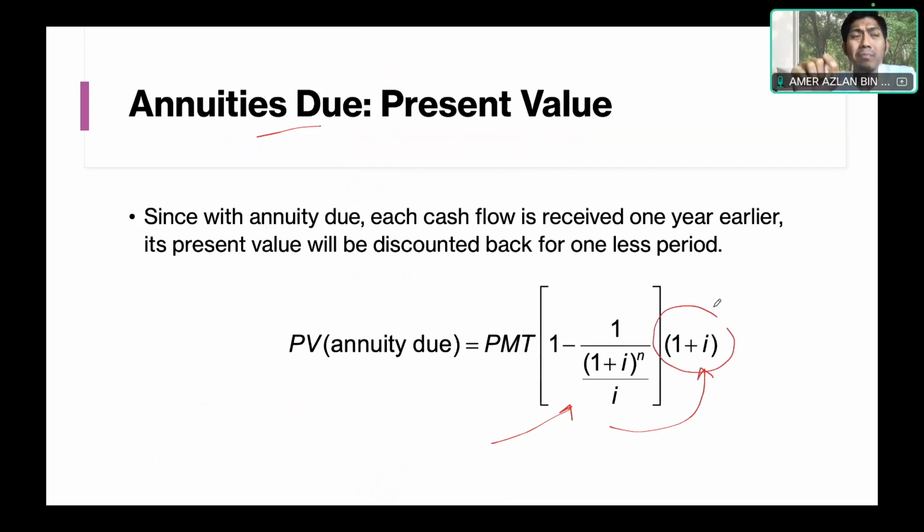If the question mentioned that payments are being made at the beginning of the period, that means that is an annuity due. So if it is annuity due, you have to add 1 plus I at the back of the formula. So that's the difference between calculating an ordinary annuity and annuity due of a present value and future value.